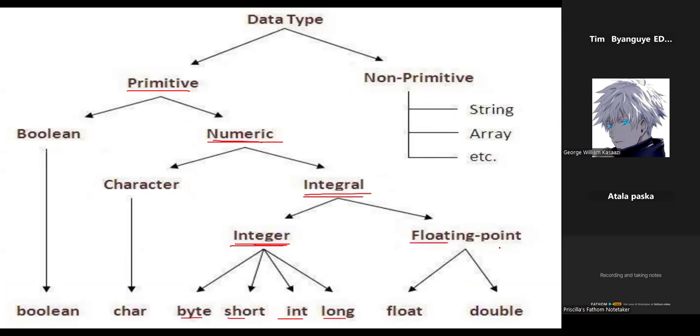Whereas floating point values, values that contain decimal places, are float and double. In fact, this can also be read as single precision and this as double precision values, but you don't have to worry about that for now. So character has only one, which is char, and Boolean has only one, which is Boolean.